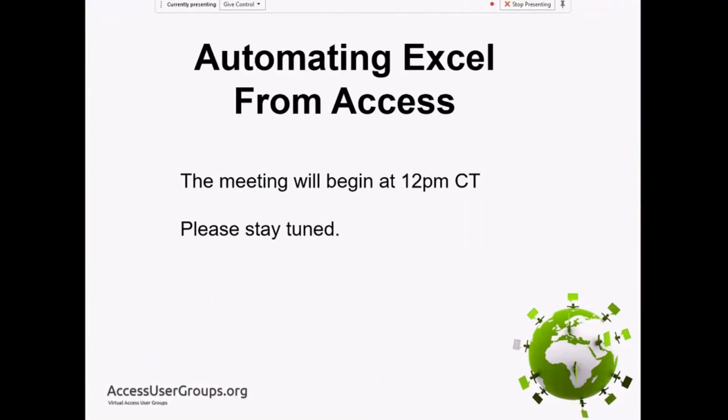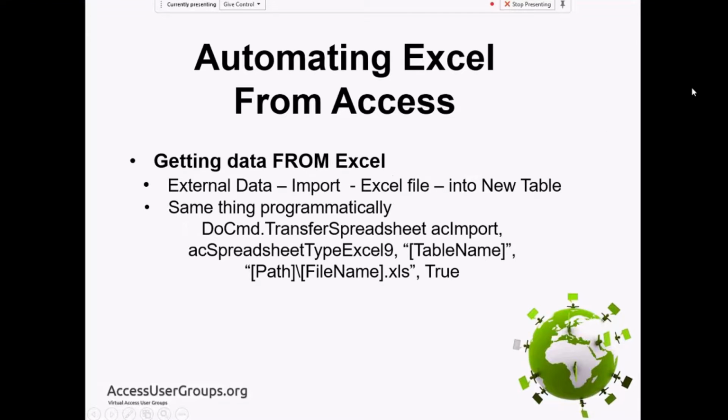Today we're going to talk about automating Excel from Access. And just quickly, I'm going to go over getting data from Excel into Access and getting data out of Access into Excel.